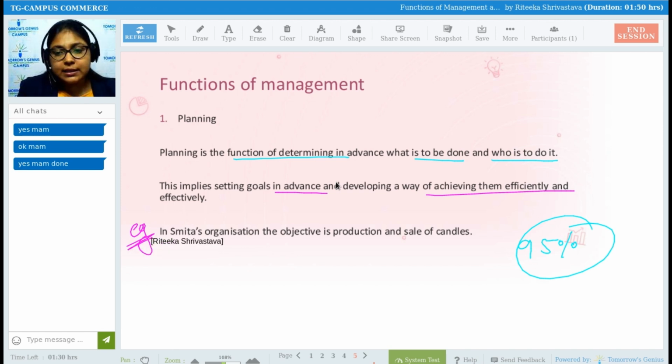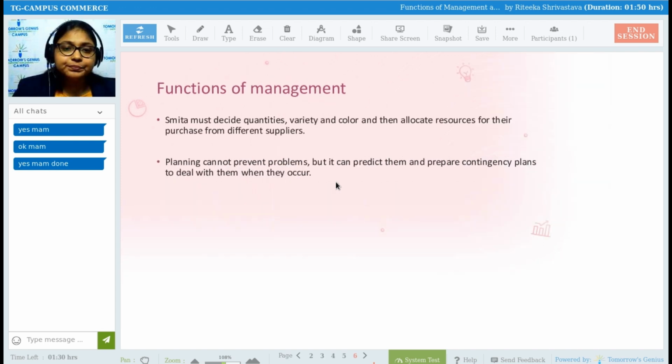Here is one example. In Smita's organization, the objective is production and sale of candles. So there is one person called Smita, and the goal of her organization is to produce and then sell candles.